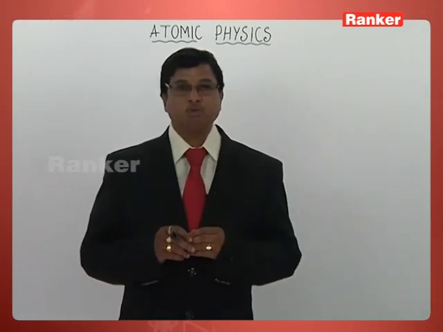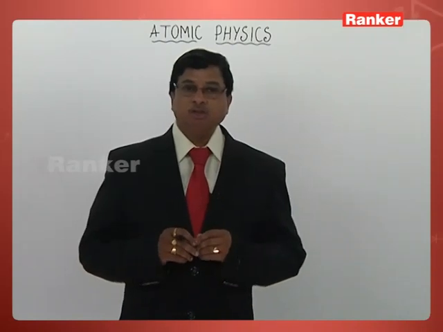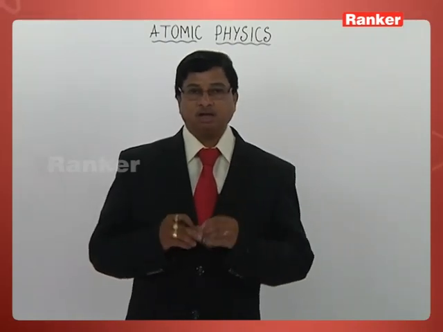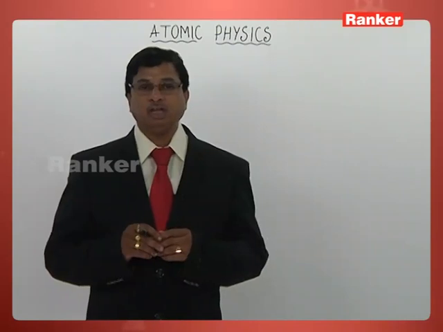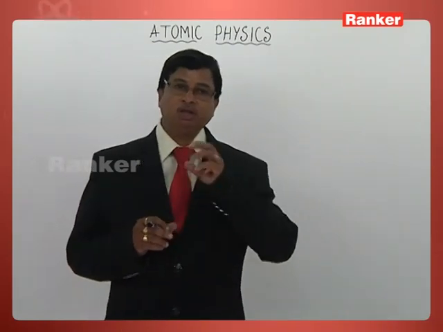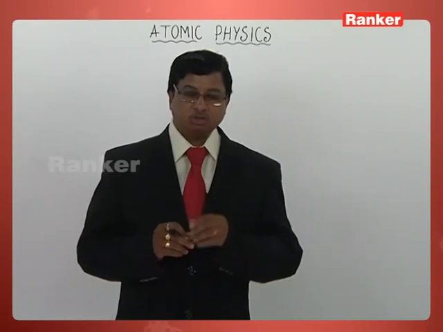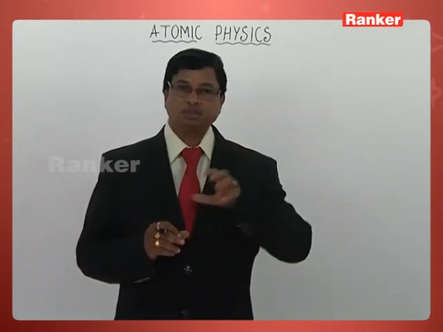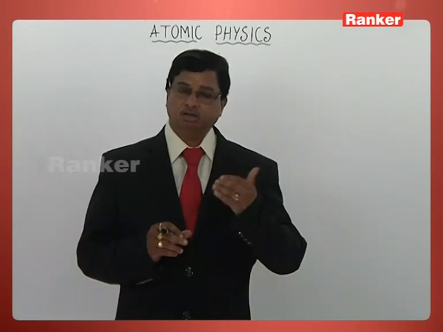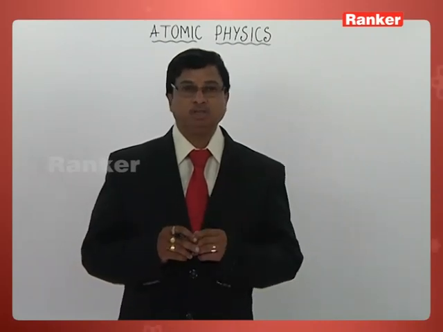And secondly, to estimate the value of the charge on an electron, Millikan's oil drop experiment, which you might already have studied. These two concepts are to be remembered very carefully.